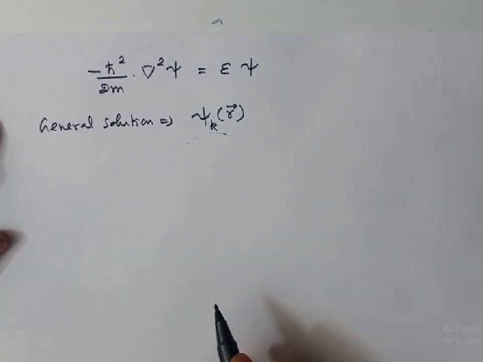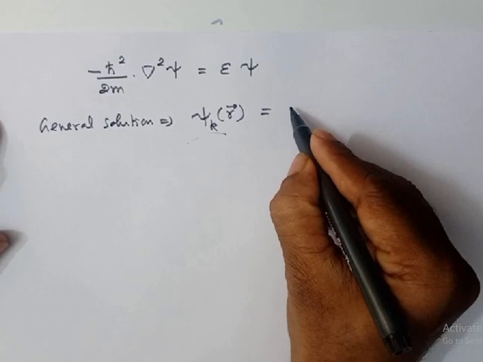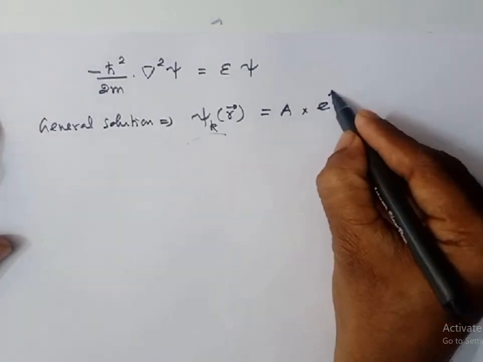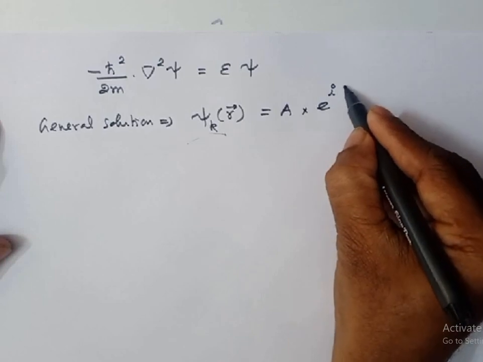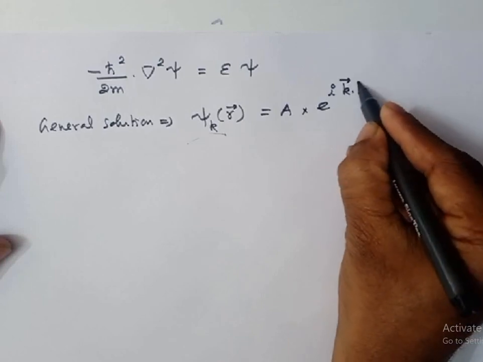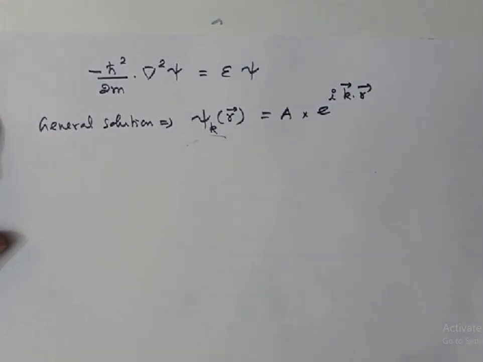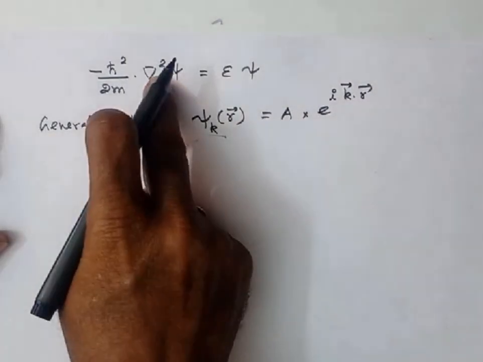Psi k of r equal to normalization constant A into e power i k dot r. This is the general solution for this Schrodinger equation.